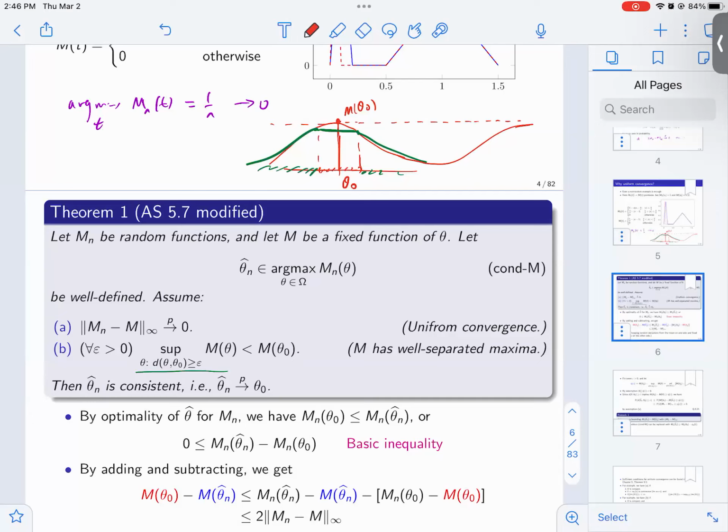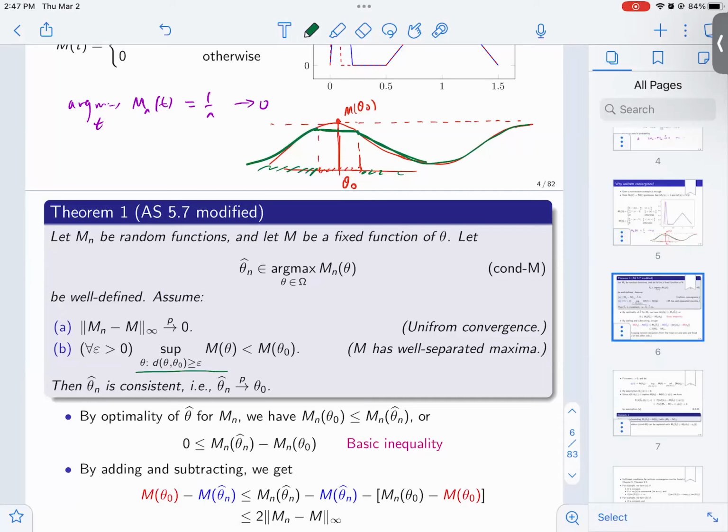This prevents that, because if that's the case, then in the interval outside, in this green region, the supremum is going to be exactly M theta naught, and so this violates the condition. So it prevents the maximum occurring asymptotically at infinity. So it's a well-separated unique maximum. For all intents and purposes, you can think of it as just there is a unique maximum.